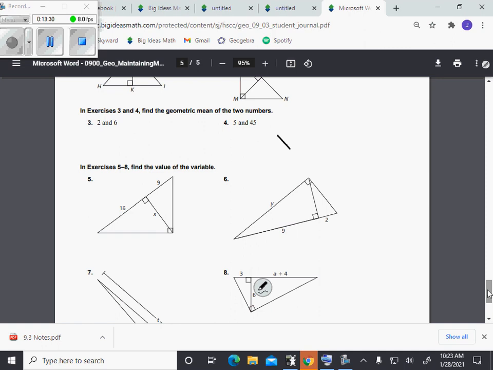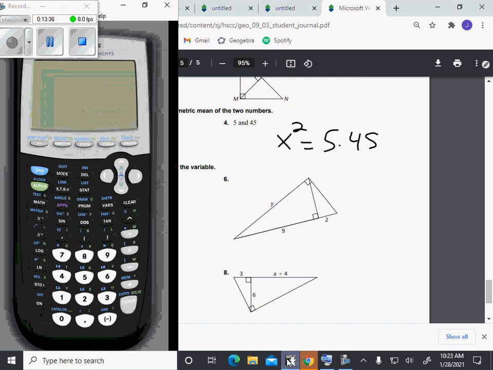This next one, x squared equals 5 times 45. Okay, 5 times 45 is 225. The square root of 225 is 15. So x is equal to 15.